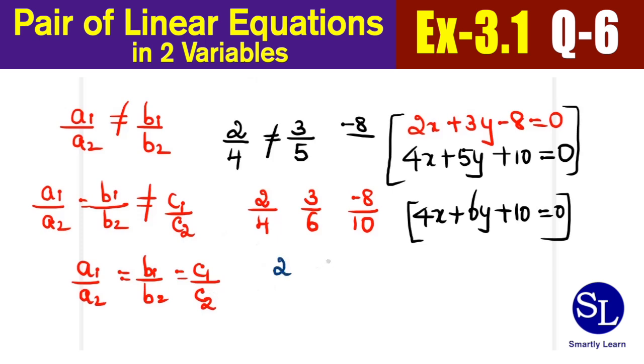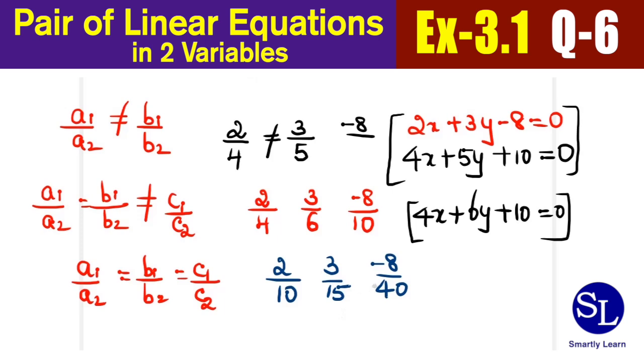So let's write 2, 3 and minus 8. Now in order to write, let's fix the fractions. So the easiest way is multiply a constant with all the numbers here. So let me take the number of multiplication as 5. So 2 into 5 is 10 and 5 into 3 is 15, minus 8 into 5 is 40.